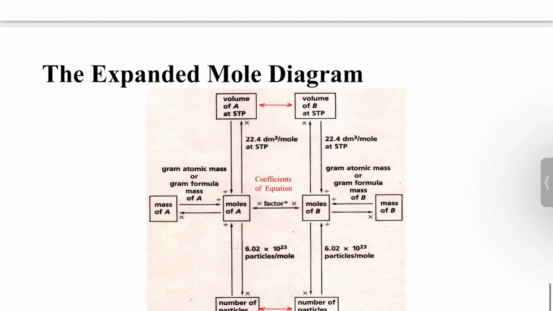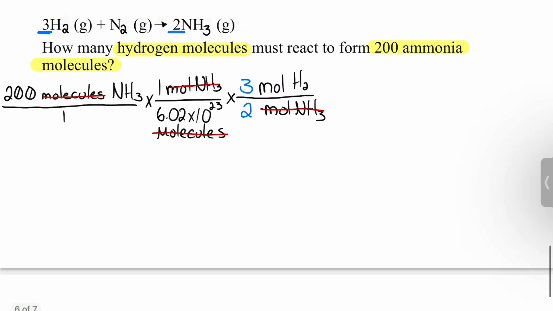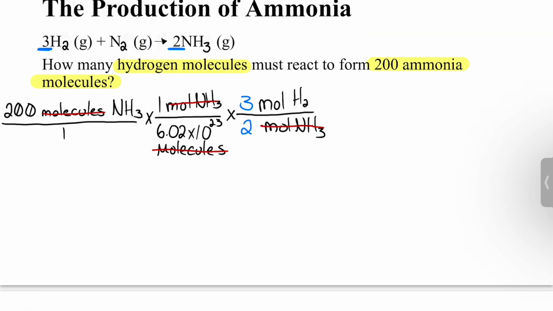So at this point on the mole diagram, we have converted from moles of ammonia to moles of hydrogen, and now we're just going to need to multiply by Avogadro's number to get back to molecules of hydrogen. So in 1 mole of hydrogen, there's going to be 6.02 times 10 to the 23rd molecules.